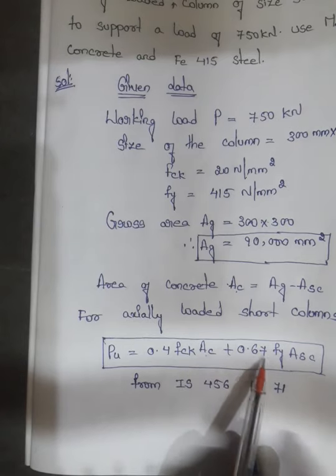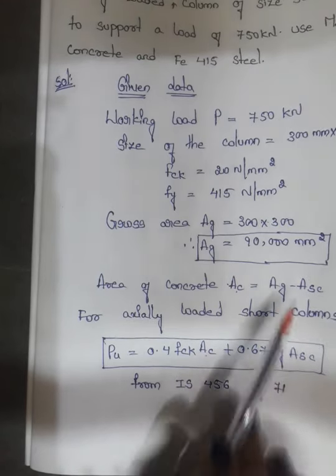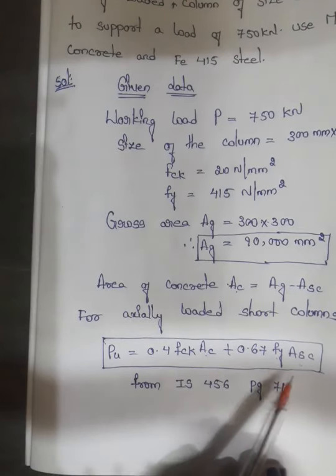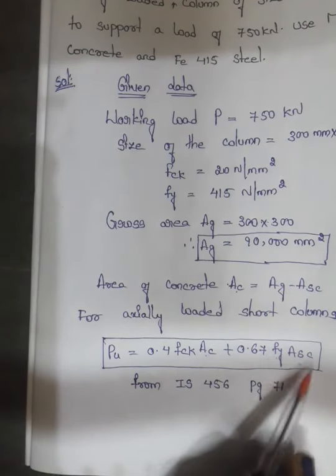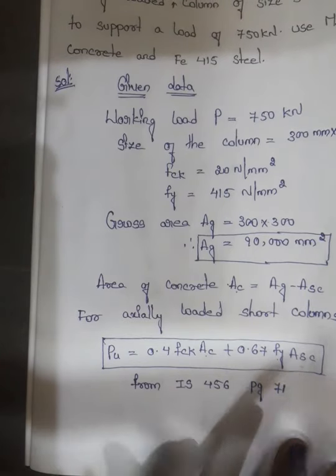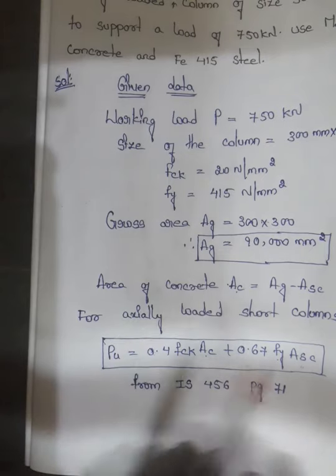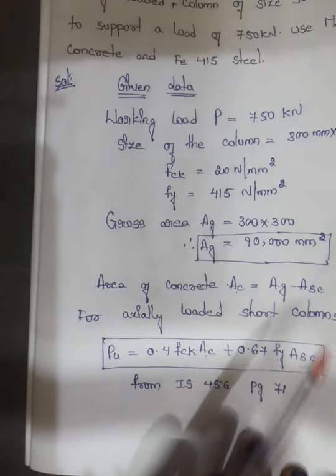So 0.67 and fy we know, 415, and Asc only we need to calculate. So all the values are known except this Asc, right? Based on this area of steel required only we can find out the number of bars required and the diameter of the bar. So what is our aim? We need to find the number of bars and the diameter of the bar.